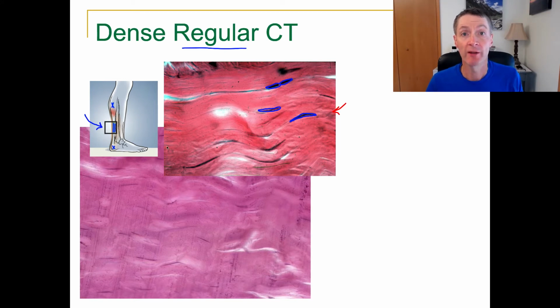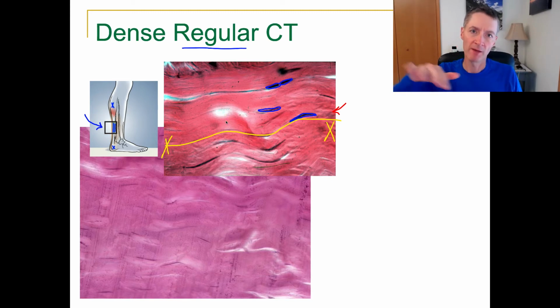These are tissues that have been removed from the body. They're no longer under strain. And so you see that they've taken on kind of a wavy appearance here. At one time, there was a connection on this end, and there was a connection on this end, bone to bone or muscle to bone. And this is why it has this regular appearance, kind of a wavy appearance in one direction.